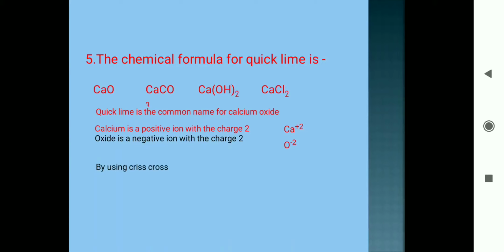That is the formula for quicklime, which is a common name for calcium oxide. CaCO3 is calcium carbonate, and the common name for that is limestone. So by using this crisscross method, we cancel the charges, and by that we are going to write the formula as CaO.